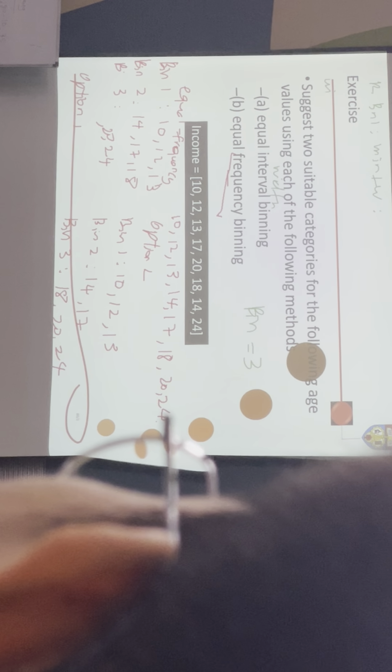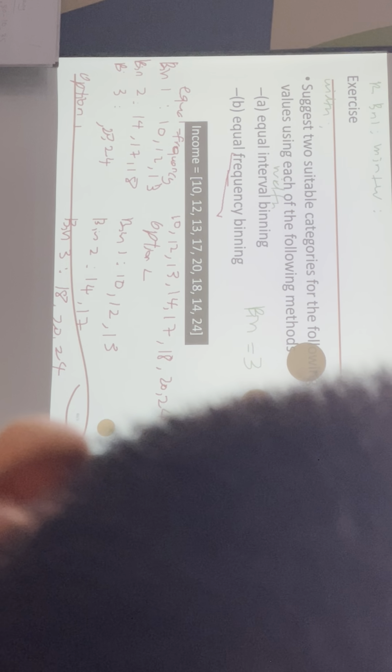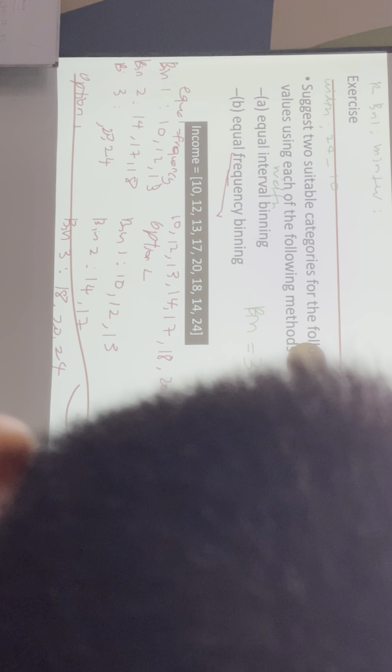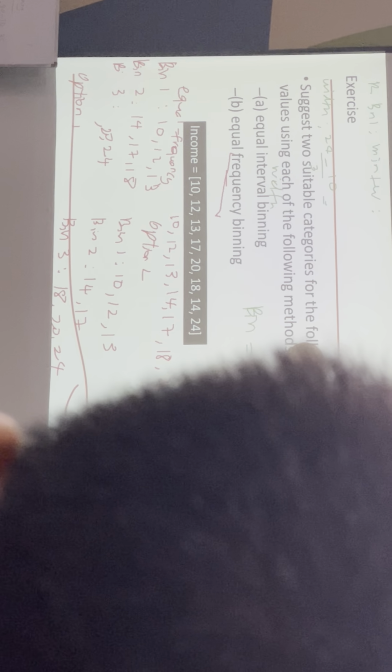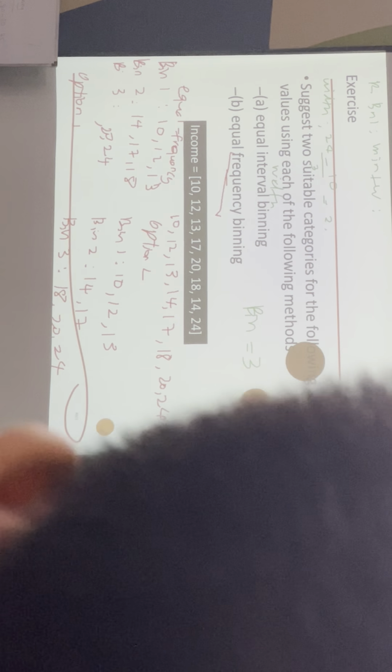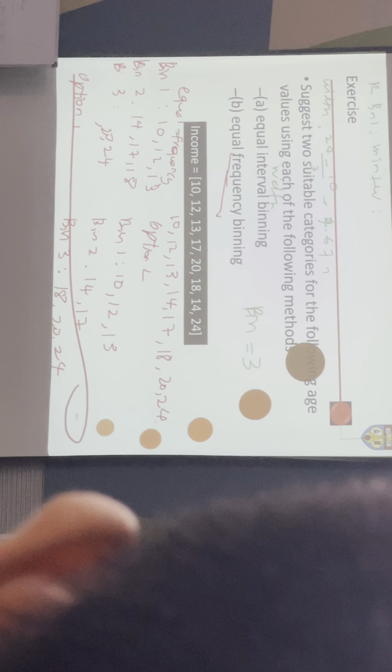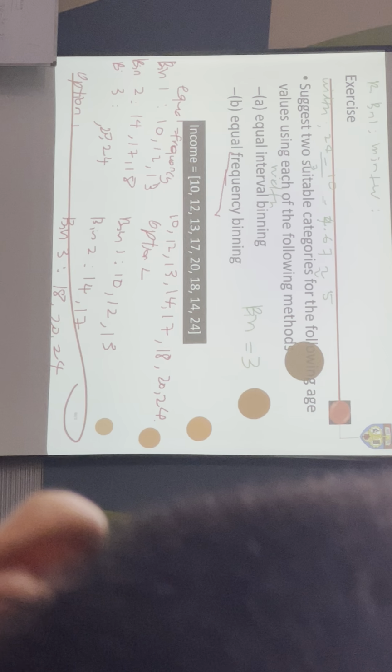Minimum plus W. So what is W? 24 minus 10 divided by 3. So what is the answer? 4.67, so approximately 5.